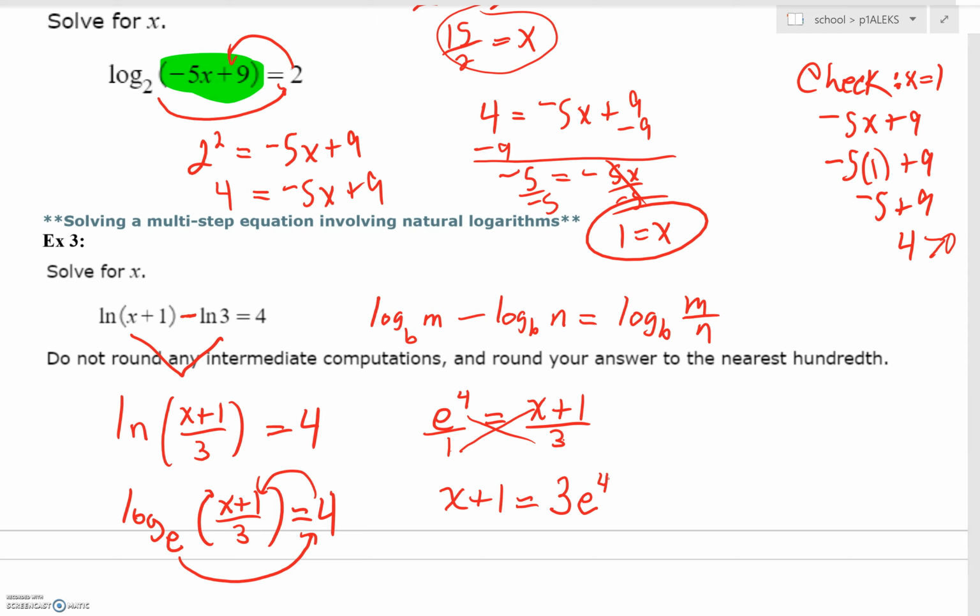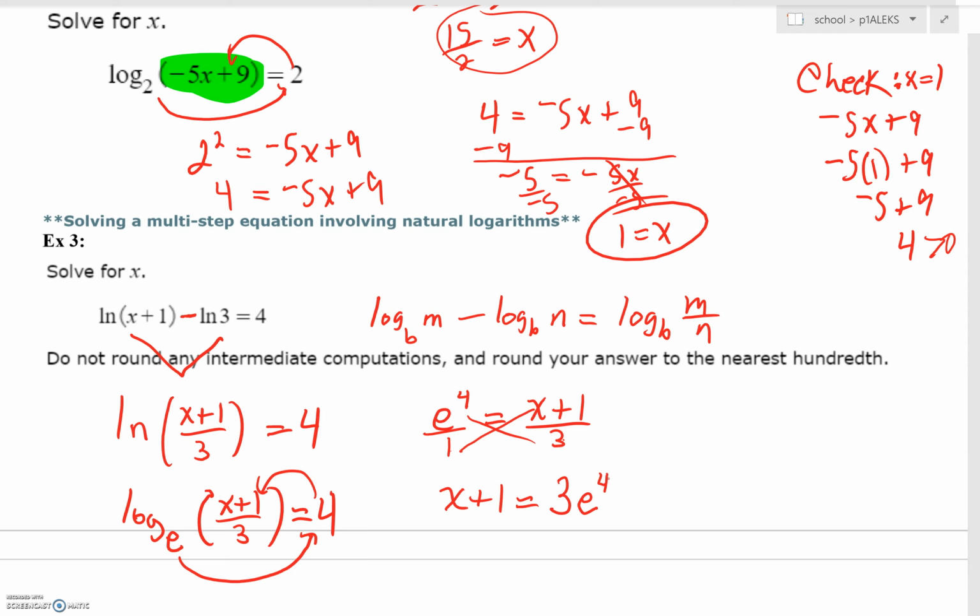So typing this in on your calculator, you type in 3. Now the e, if you go where the 4 is and go on a diagonal here, there's the ln button, but right above that is e to a power. So we'll go second that, and we'll get e to the 4th, move that down, then we'll say minus 1.